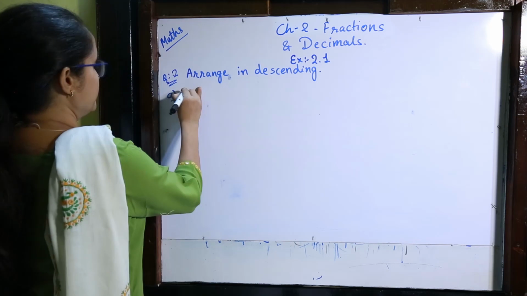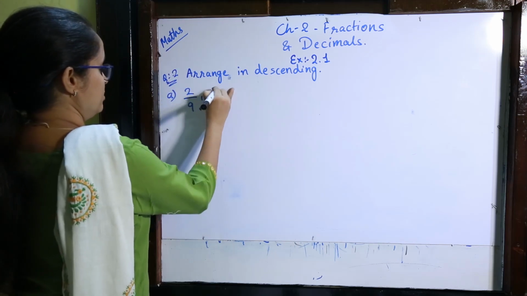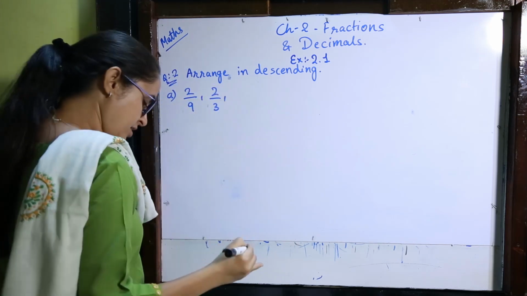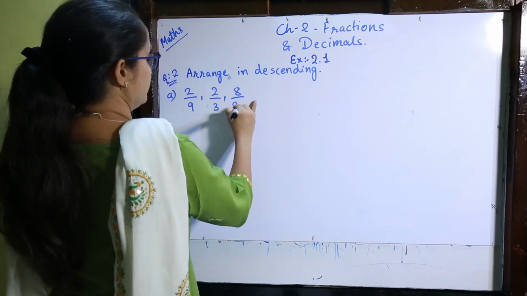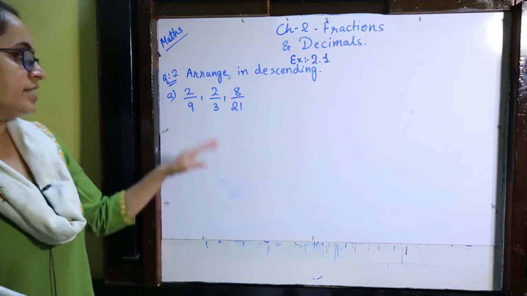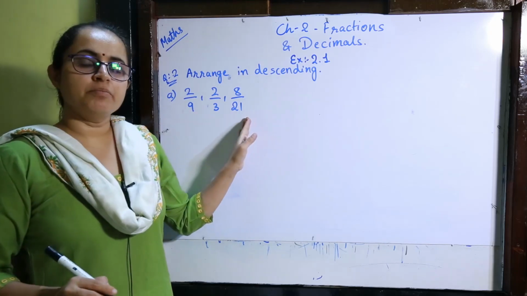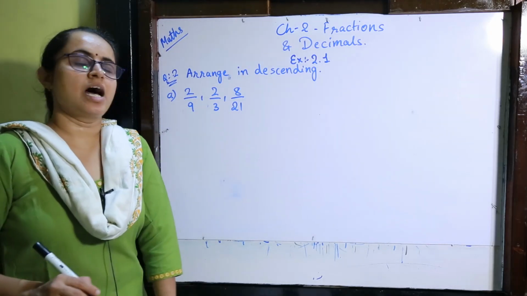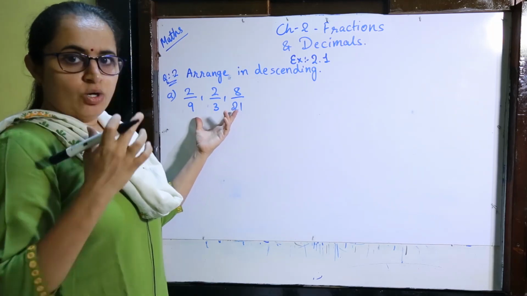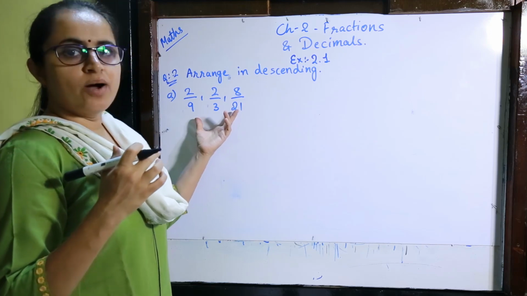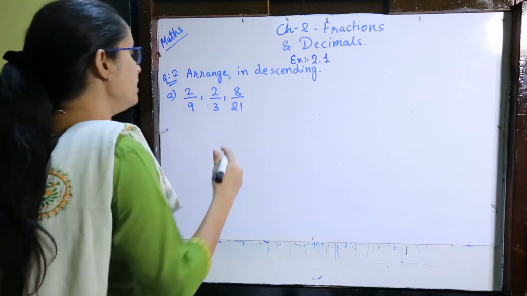So the first one is 2 upon 9, 2 upon 3 and 8 upon 21. Now these three fractions are unlike fractions.